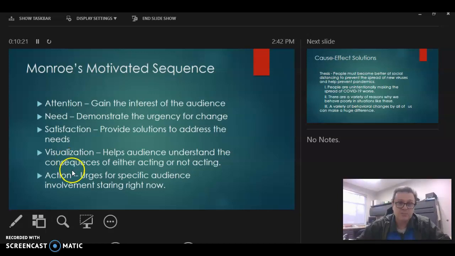And action would be giving the audience something specific to do. Now, this probably looks very familiar to most of us because we've seen it play out literally thousands and thousands of times on television. It's not an exaggeration, because this structure was created for TV back in the 30s by a Purdue University professor named Alan Monroe.